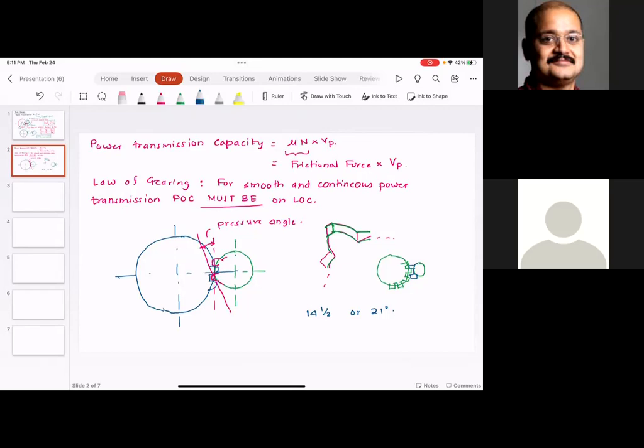That happens because of the way the point of contact moves. This is super important, so please pay attention. If you visualize the way the point of contact is moving on the surface of the gear, it's not staying fixed at one point, it's going back and forth.